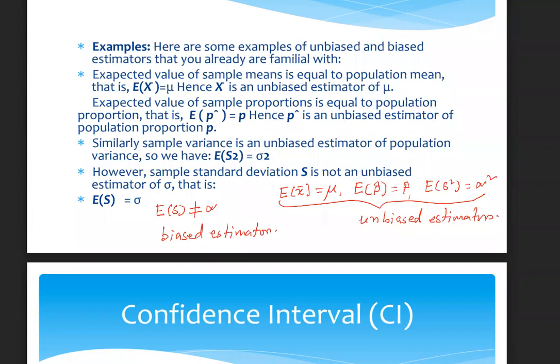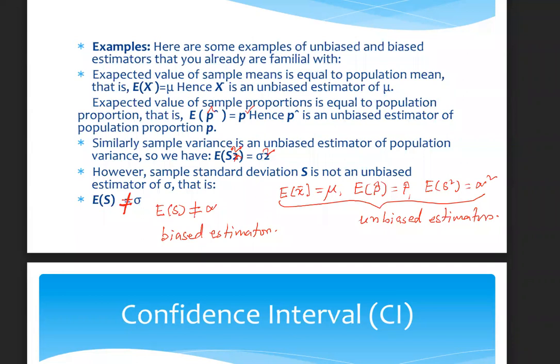That's what it is. Now there are some typos here. Please fix them because I couldn't get them to work in the PowerPoint. So this should be E of S is not equal to sigma. It's not equal, and this is S square, not S times 2. And this is also sigma square. And this is P hat, which is P here.